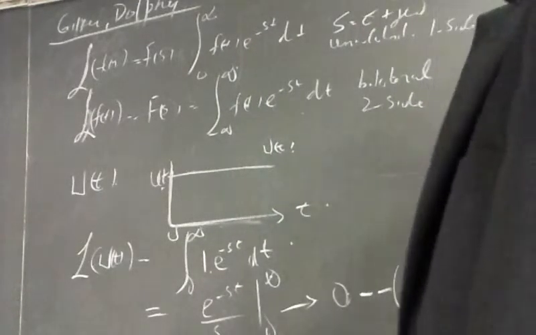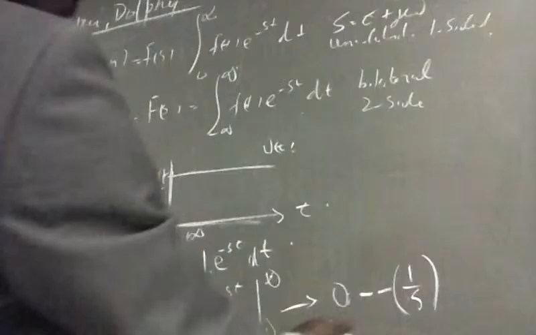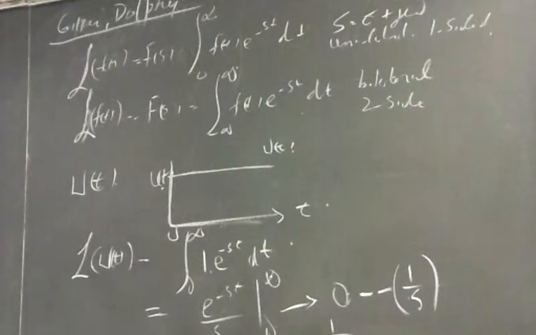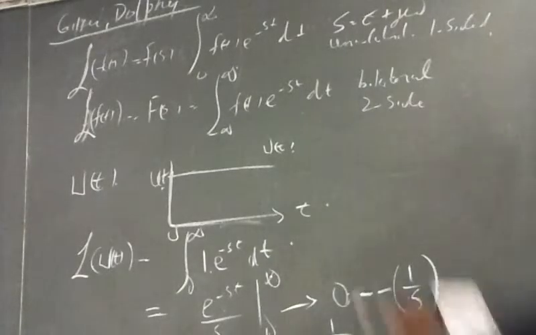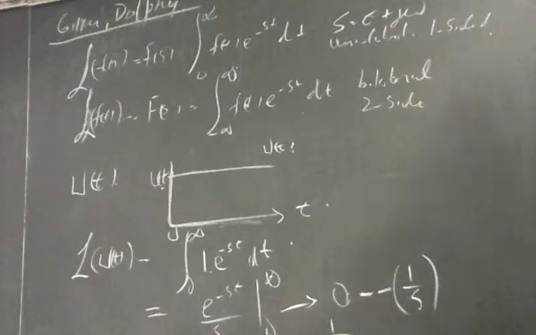And that will be minus, now, minus e to the minus s times 0, e to the minus 0 is 1, over s. Minus is plus, so that's equal to 1 over s. So that's the Laplace transform of the unit step.